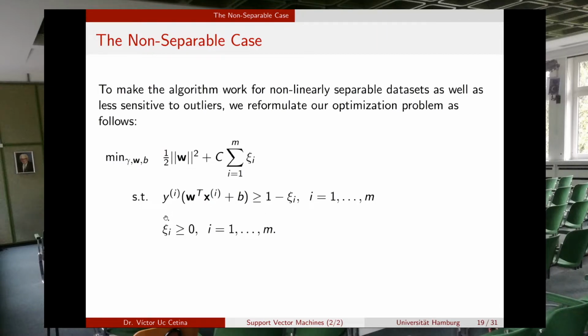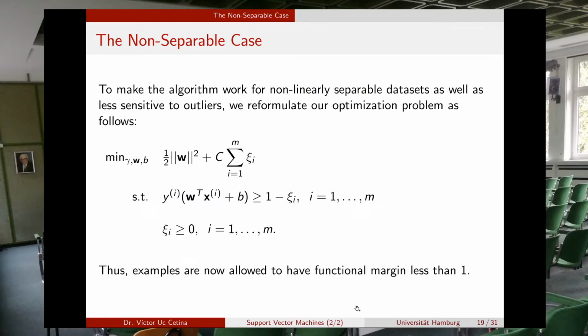And also we are going to say that these distances ξ should be at least 0. So as I said, examples are now allowed to have functional margin less than 1.